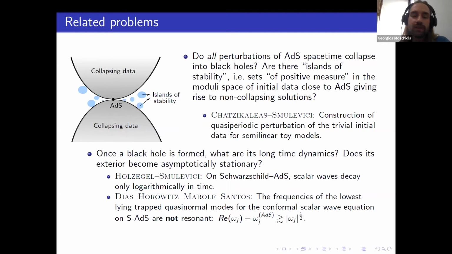Of course, related to that is the work of Dias, Horowitz, Marolf, and Santos, who looked at the following question. Suppose that you want to prove that some quasi-normal modes interact with each other and exchange energy at the time scale in which they live in order to produce a non-trivial effect at smaller frequencies, then the best candidates of modes to look at are the modes which lie as close to the boundary of AdS as possible.